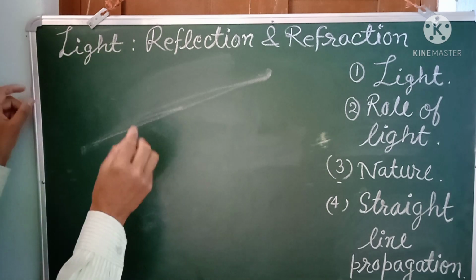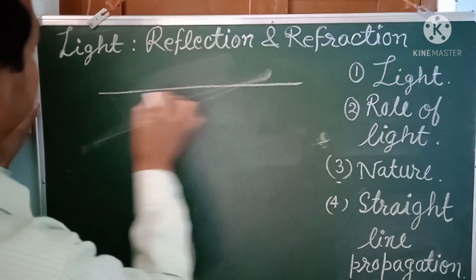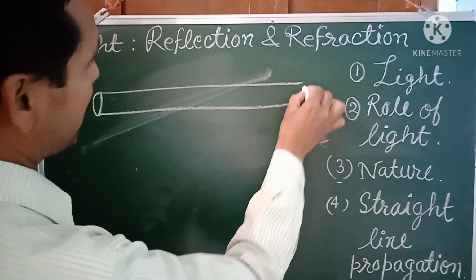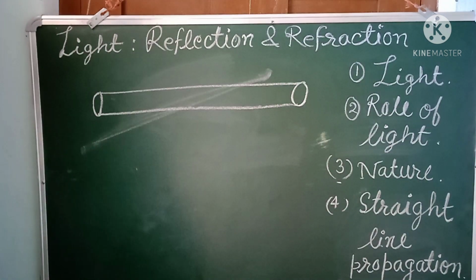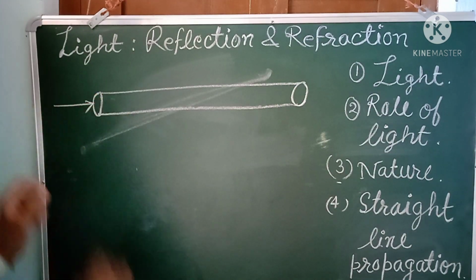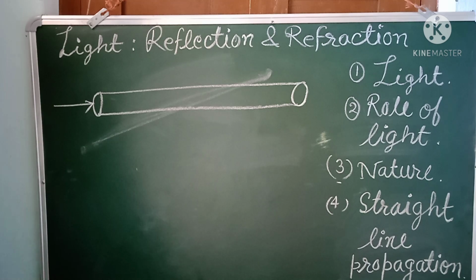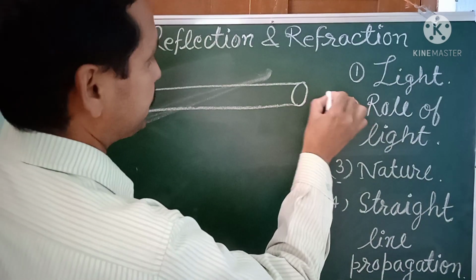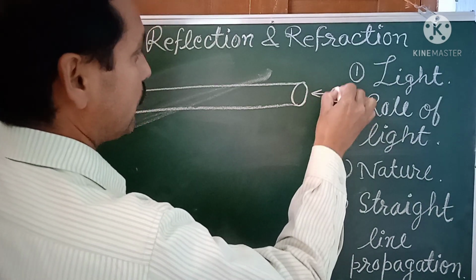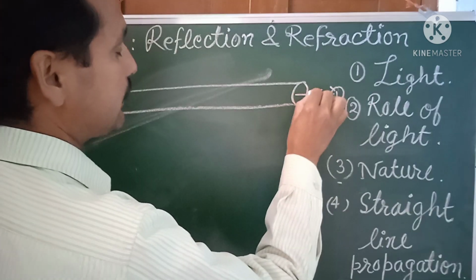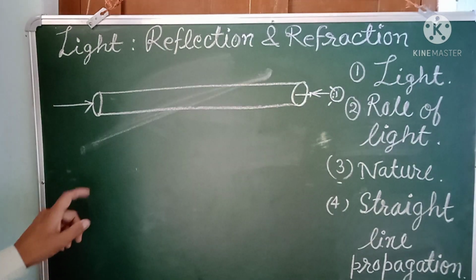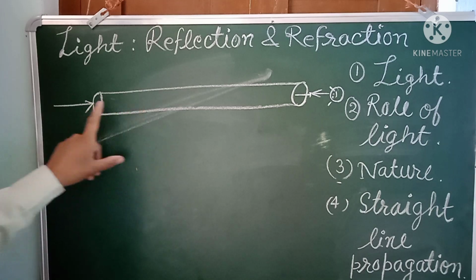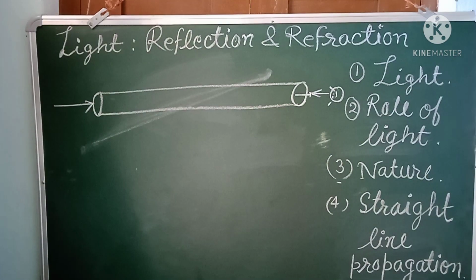Suppose we have a long hollow pipe, and we pass a light ray from one end and try to see this light from the other end. We can easily see this light. That means light travels in a straight line.